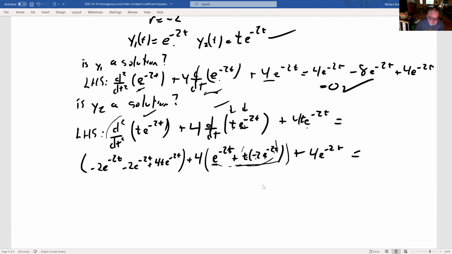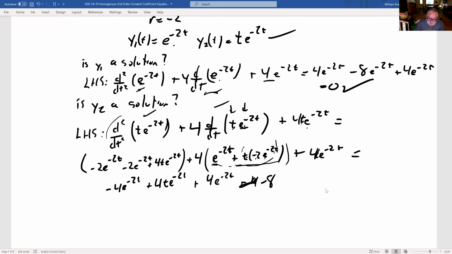So what does all that equal to? Well, in here, we've got a minus 4 e to the minus 2t plus 4t e to the minus 2t plus 4 e to the minus 2t plus 4, minus 8. Ooh, did I lose a t e to the minus 2t? I did not. That should have a t in it.